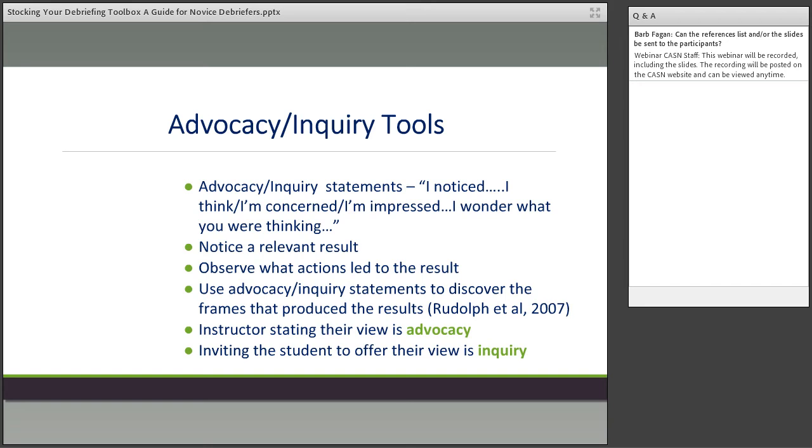So you might say, I noticed that the patient was complaining of chest pain and his SATs were dropping, but you were still focusing on flushing the IV. I'm concerned because the airway should have taken priority at that time, in that situation. I'm wondering what you were thinking. So you're stating what you saw and invite the student to give their view.